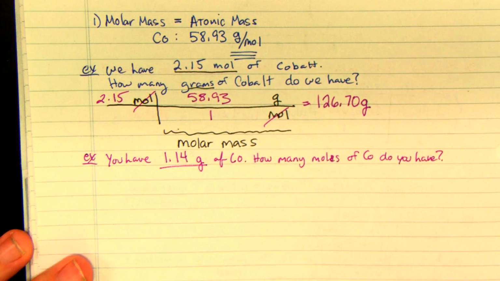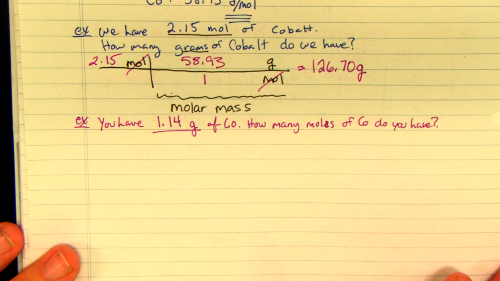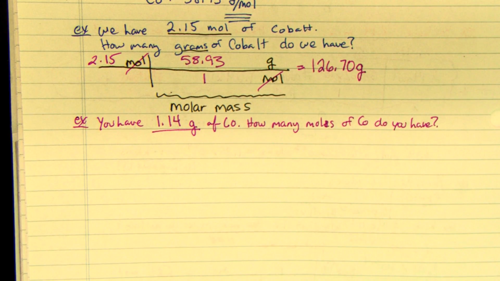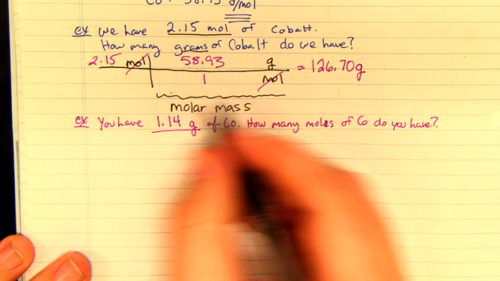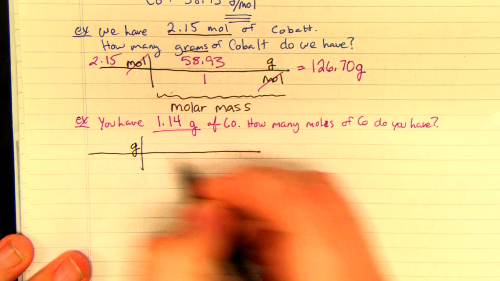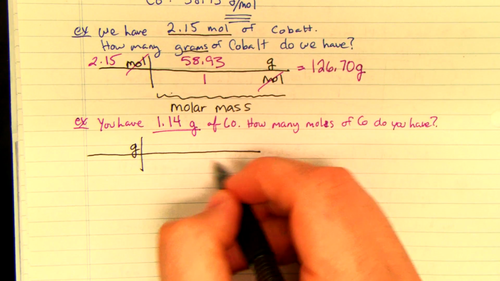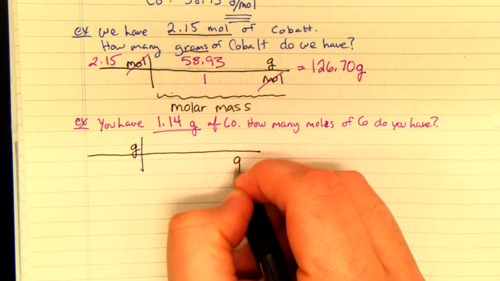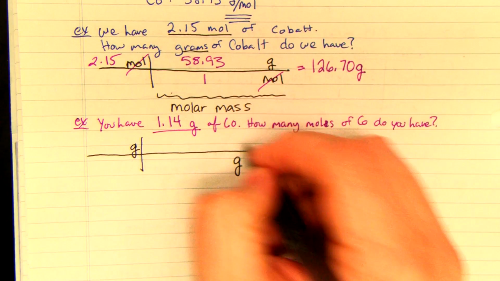So we're starting with that 1.14, and we're starting with grams. So if we start here, we're going to put grams here, and since I don't want grams, I got to convert it from grams, and I want to end up in moles, so I need grams to moles.